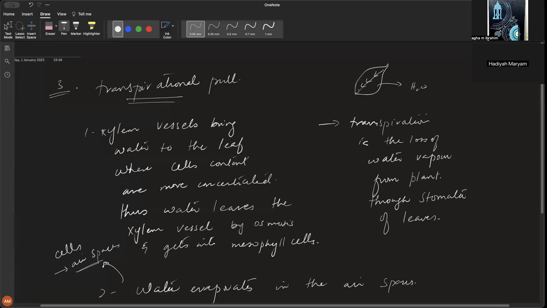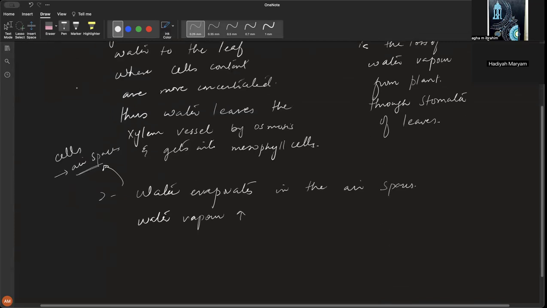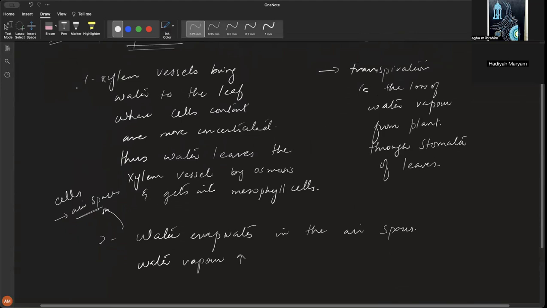This is how the water from the xylem vessel gets into the cells. From the cells, the water evaporates and goes into the intercellular air spaces. The water that has moved by osmosis from the xylem vessel into the mesophyll cell is now going to evaporate from the cell into the air spaces.